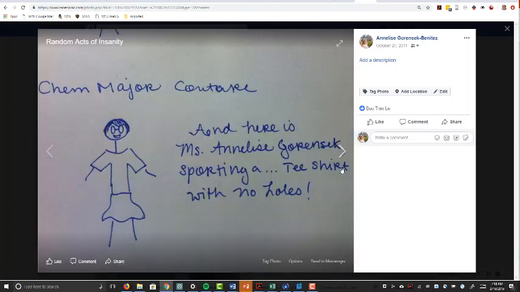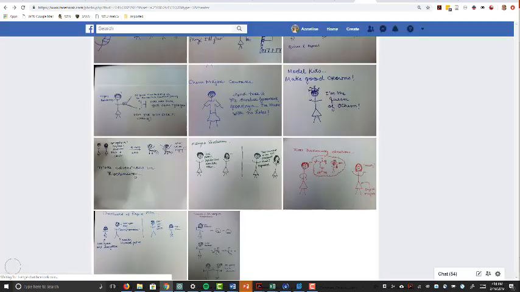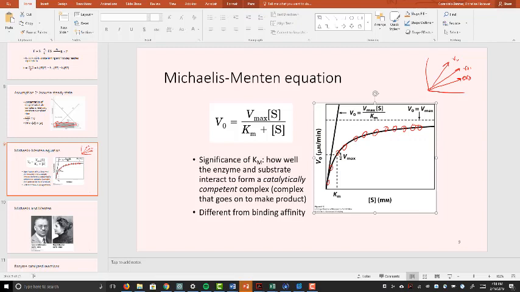Oh yeah, I used to put model kits on my head and call it a crown. I was definitely delirious as a chemistry undergrad too. None of y'all are chemistry majors, right? No. I was a chemistry major, and this stuff still drove me crazy. So it's fine.